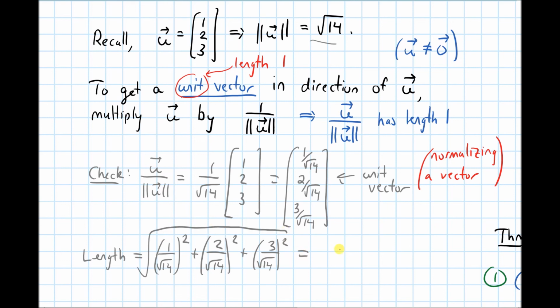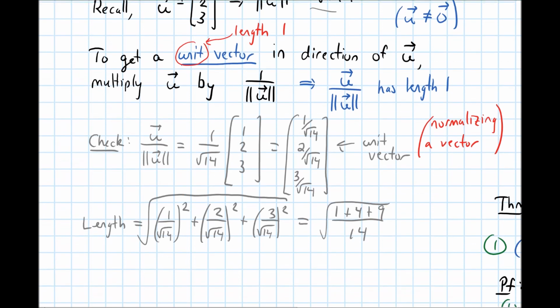Squaring these, I'll end up with 1 plus 4 plus 9 over 14, square rooted, and simplifying this, I get square root of 14 over 14, which is 1. So that's good. The length of this unit vector is in fact 1. That checks out.